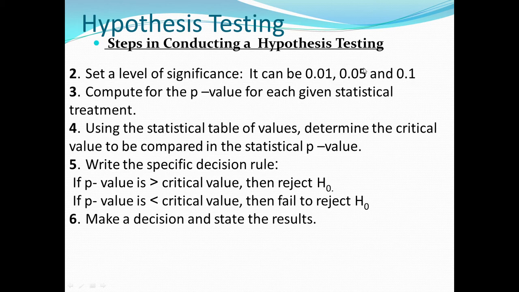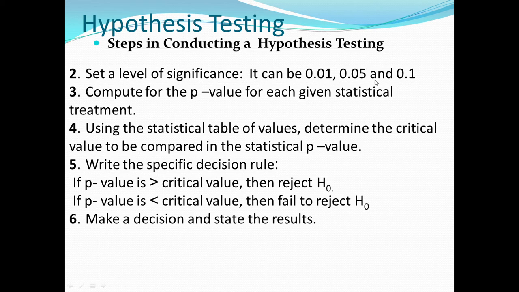Ito yung ating margin of error kung tawagin, and also yung level of significance. So, huwag kayong malilito sa margin of error and level of significance. 0.05, so don't worry, it is already given na. It's up to you kung ano yung gagamitin ninyo, but we advise everyone that we have to use 0.05 as our level of significance.